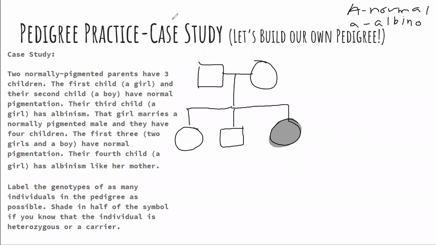Okay. That girl with the albinism, she marries a normally pigmented male. So he's not shaded in. And they have 4 children. So let's write 4 children.